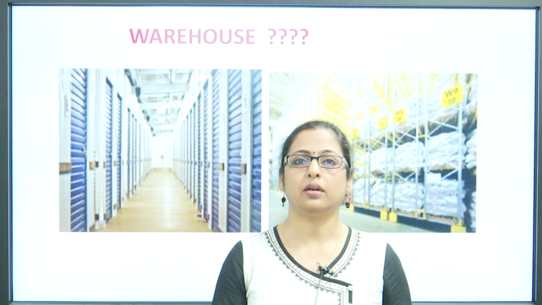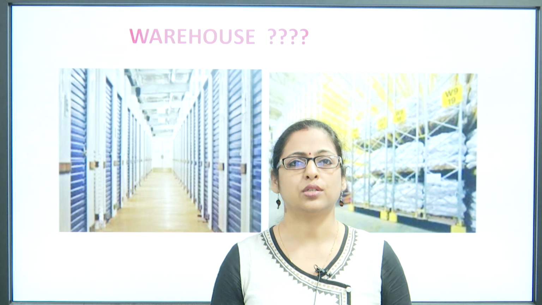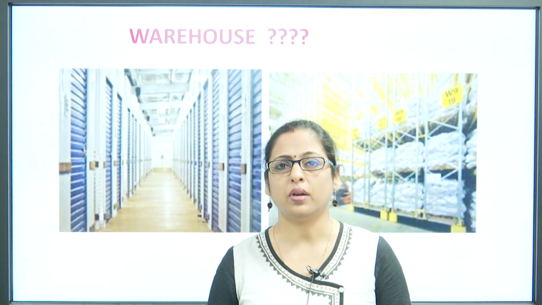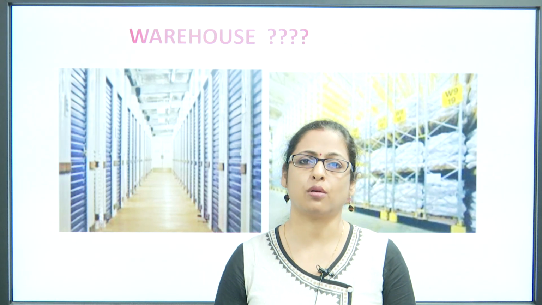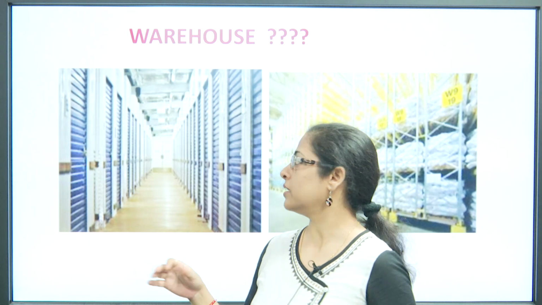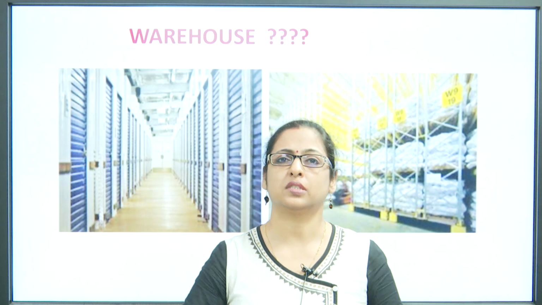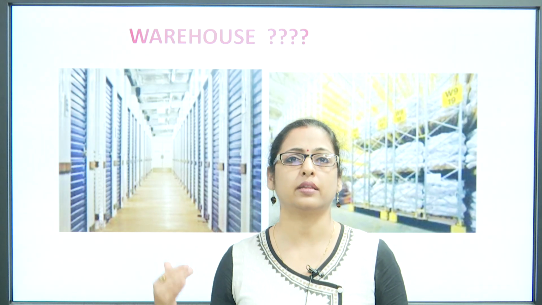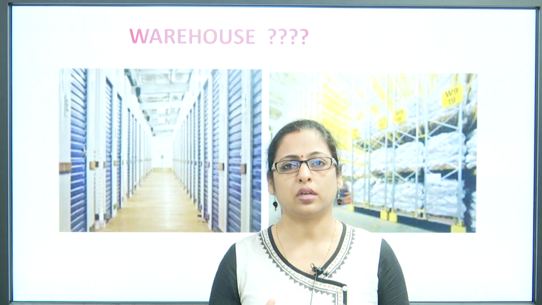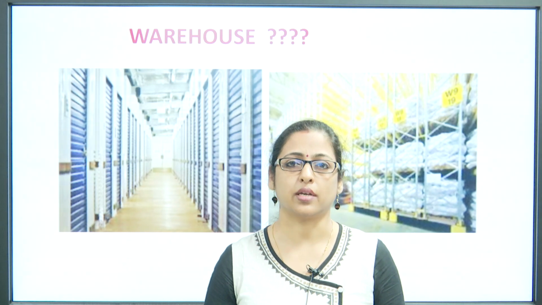Over here you can see at my back two pictures which are a typical representation of a warehouse. In common language we usually call a warehouse godown or godam. As you can see, these are big hall kind of structures which may have separate rooms for separate kinds of product, and they obviously have lots of shelves, lots of racks for stacking a lot of inventories by various organizations.